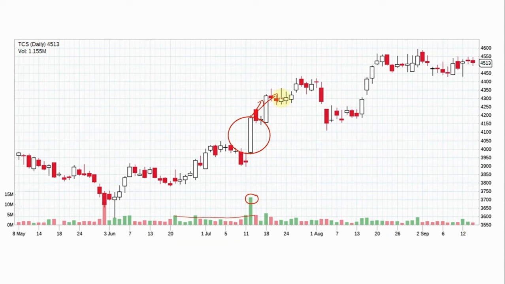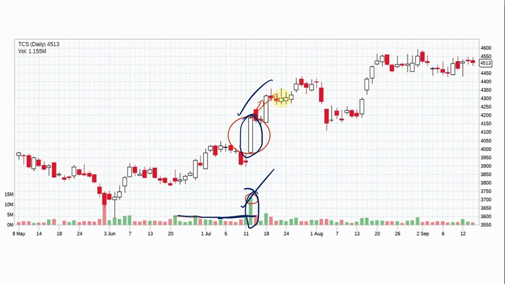Let's take one simple example. This is the TCS candlestick chart. In the TCS chart, we see a green bullish wide-spread candle accompanied by above average volume.